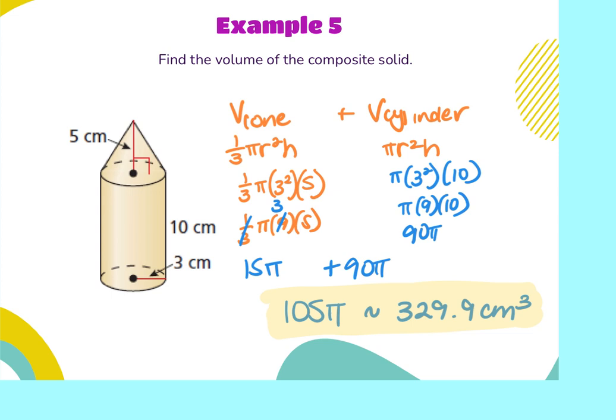Questions on anything we talked about today? It does not ask it on this, but this is a great standardized test question. If it had said, instead of volume, surface area, and I asked you to find the surface area of this composite figure, how do you do it? That would be the bottom of each of these two, right?